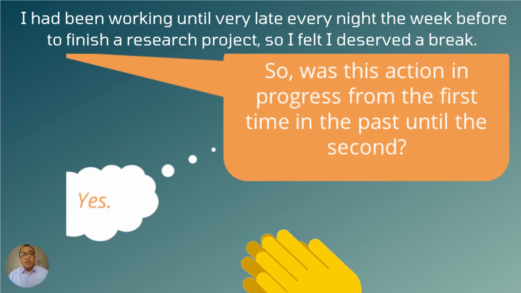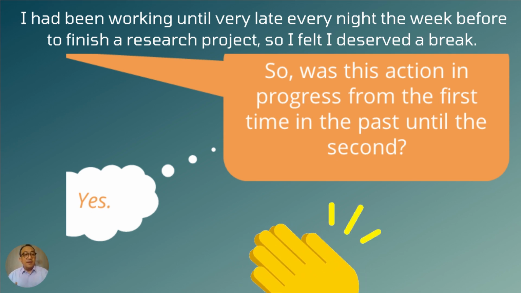Now the question is, was this action, I had been working until very late every night the week before to finish a research project, so I felt that I deserved a break, in progress from the first time in the past until the second? The answer is yes. How do we know it? Because of the use of I had been working. The meaning is that the action had begun at a certain time in the past and was ongoing until another event interrupted it: the past perfect continuous.